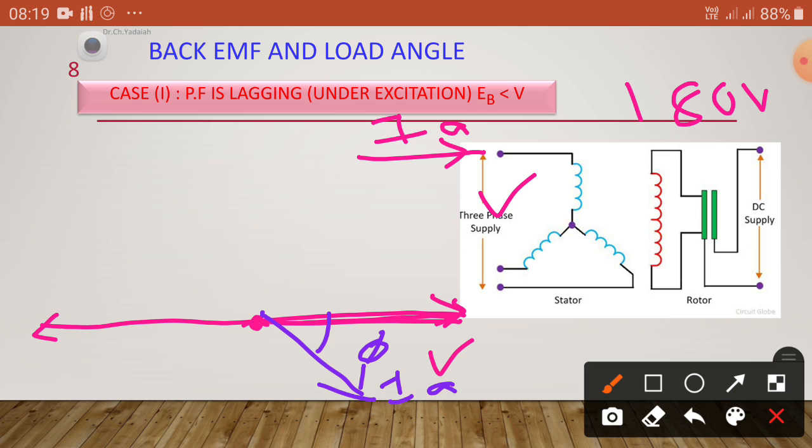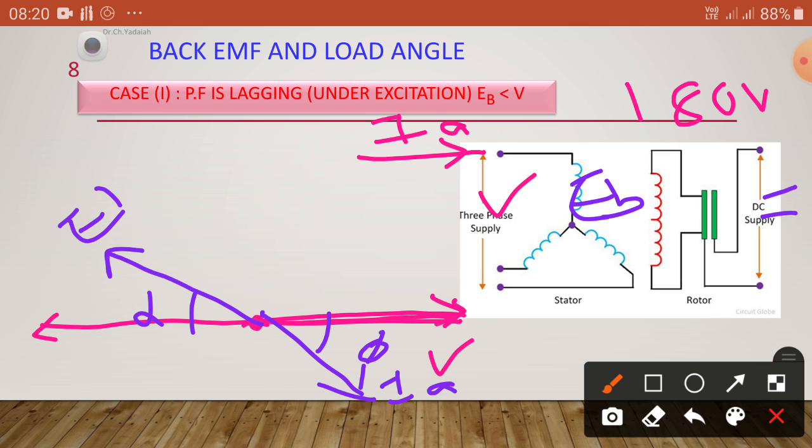Now, due to the excitation, a voltage is produced that is called the back EMF. Due to the rotor retardation it is at some angle from V, this is alpha, and this is EB.